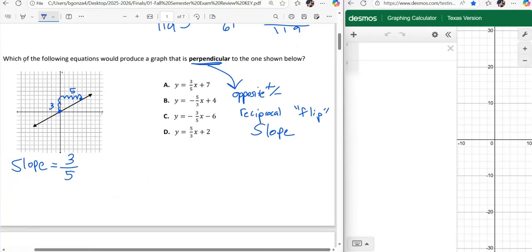So since this slope is 3 over 5, it's going to become negative, because positive goes to negative. 3 over 5 flips to 5 over 3. Right? So which of these equations has negative 5 over 3 as a slope? It's got to be this one right here. So B is perpendicular because it has an opposite reciprocal slope.